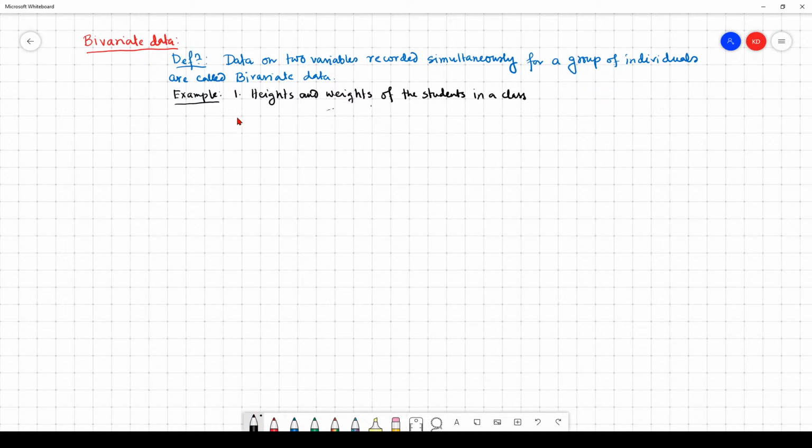So, second example: the rainfall and yield of paddy in a state for several consecutive years.